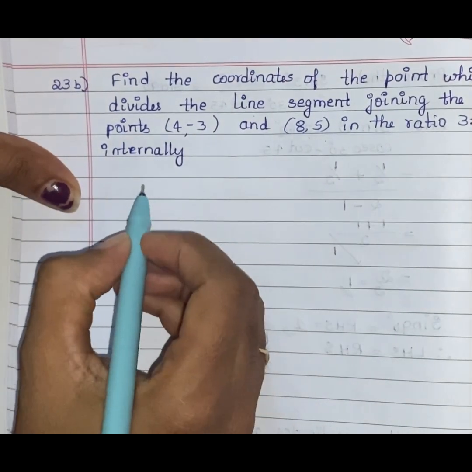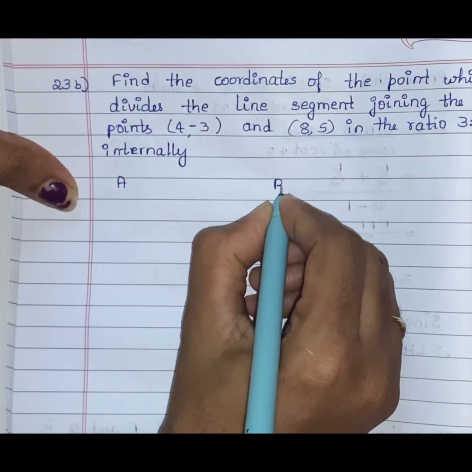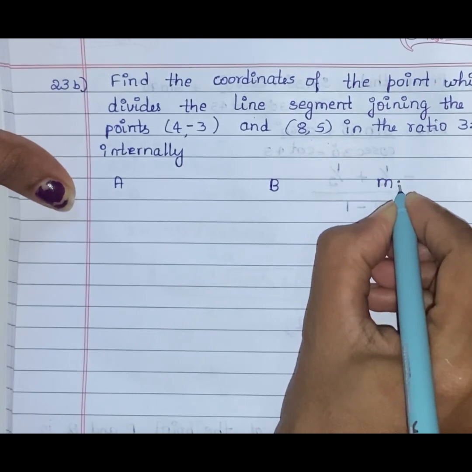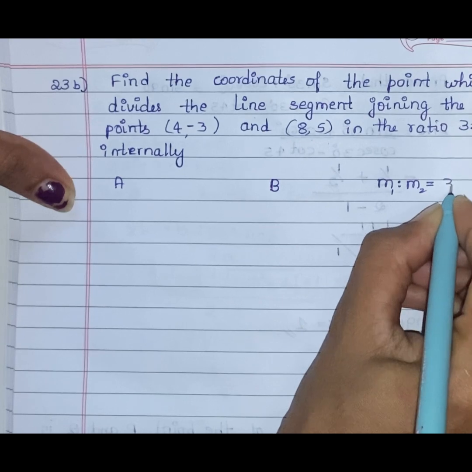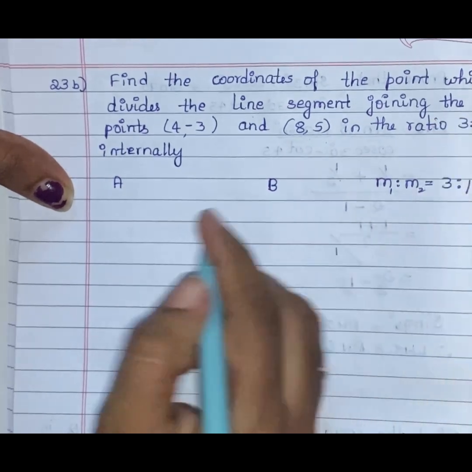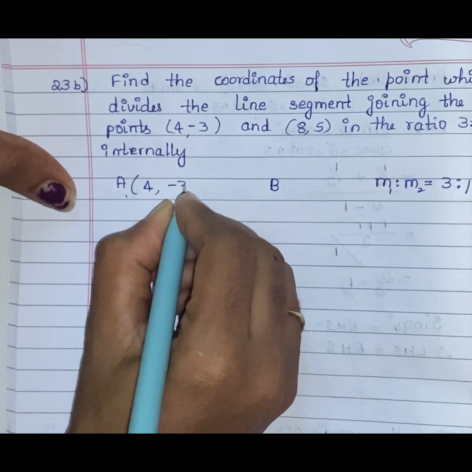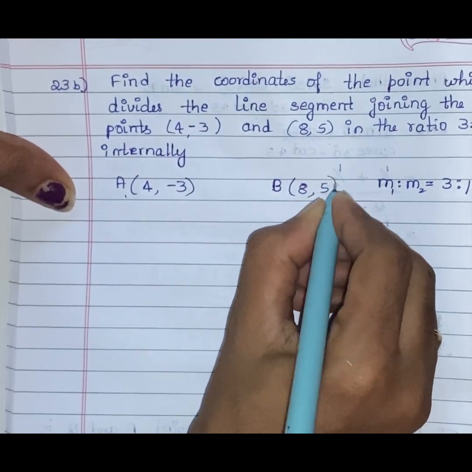Okay, so let's assume the 2 points are A and B and the ratio is m1 is to m2. Okay, that is nothing but 3 is to 1 they have given, and the point A is 4 comma minus 3 and B point is 8 comma 5.